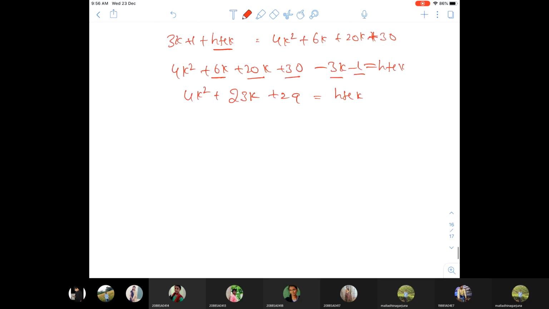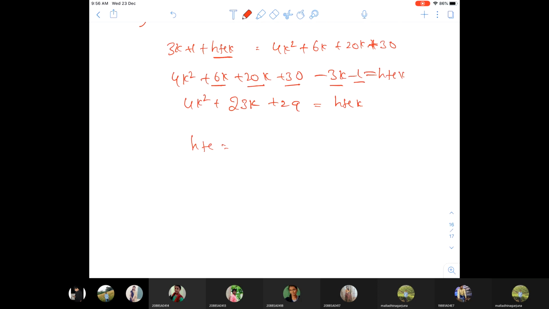So finally hfe equal to 4k square plus 23k plus 29 by k, that is hfe equal to 4k plus 23 plus 29 by k. This is the condition.